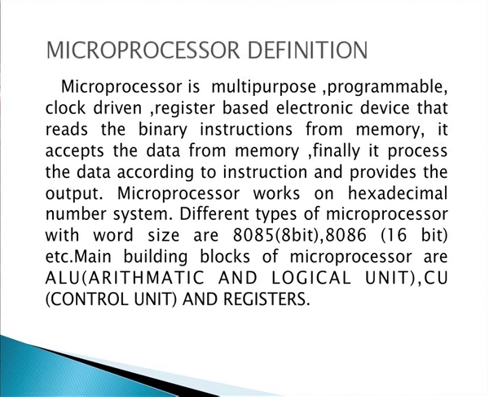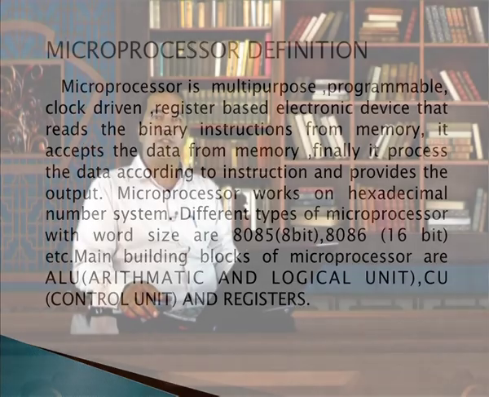For any microprocessor, the main building blocks are its ALU, that is arithmetic and logical unit, then a CU, that is control unit, and the registers. Now, let us discuss these three terms ALU, CU and registers.